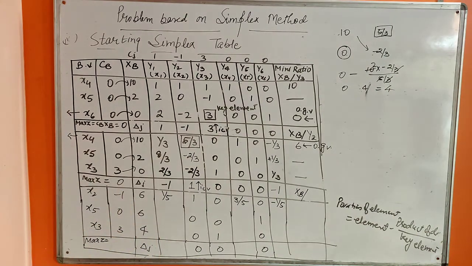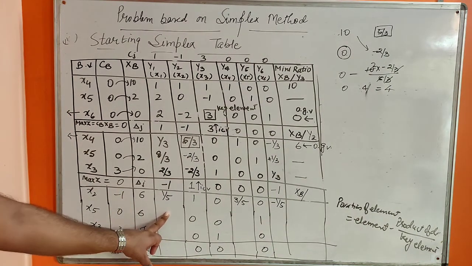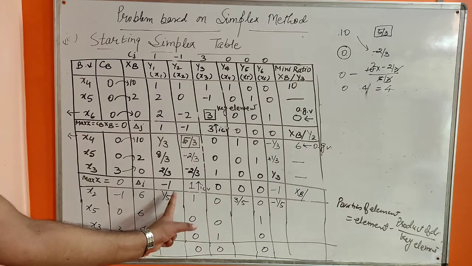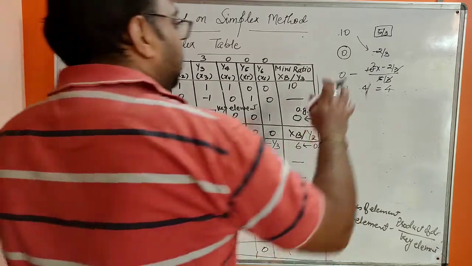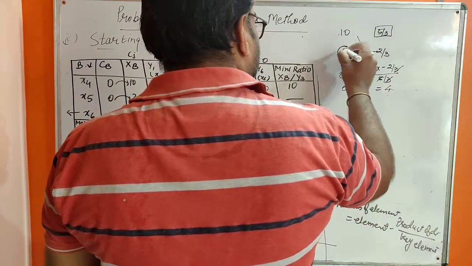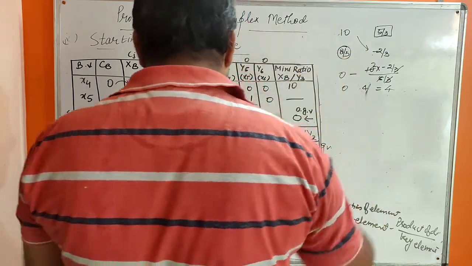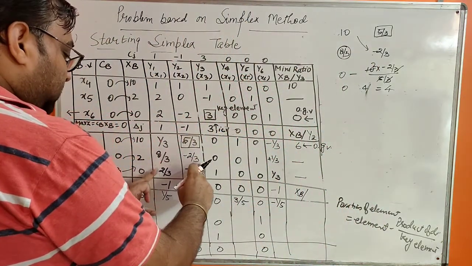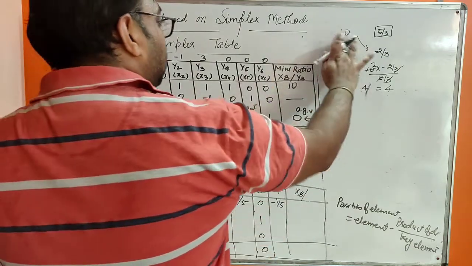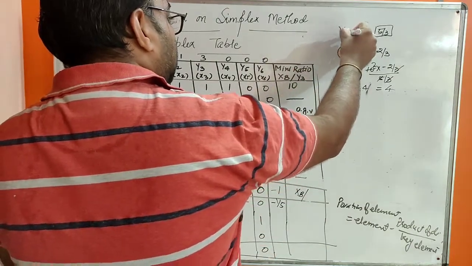Now moving on to the next step, we have to find this element. What is written over here in the previous step? That is 8 by 3. This is now 8 by 3. What is in front of this 8 by 3 in the key element column? Minus 2 by 3, key element 5 by 3, and this will be 1 by 3.